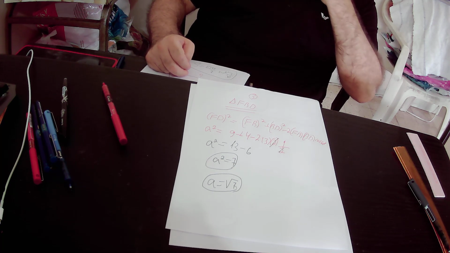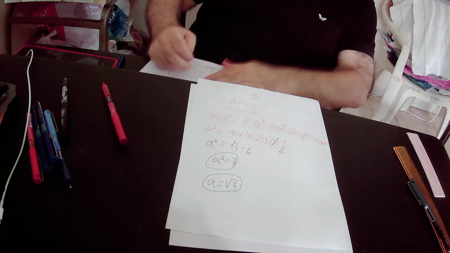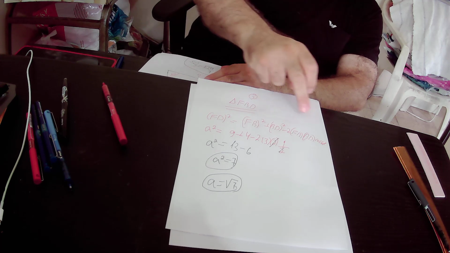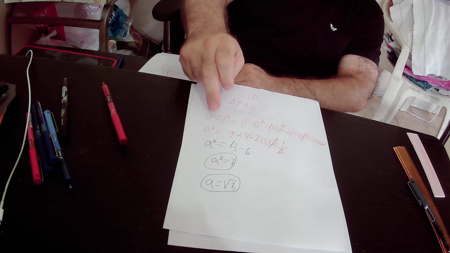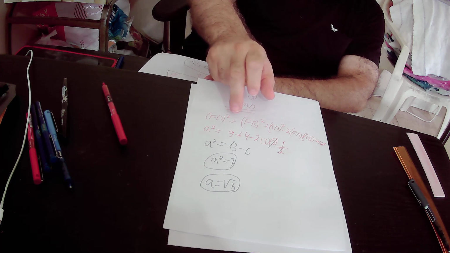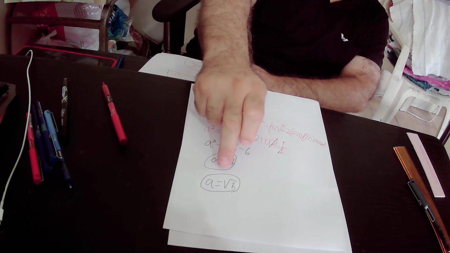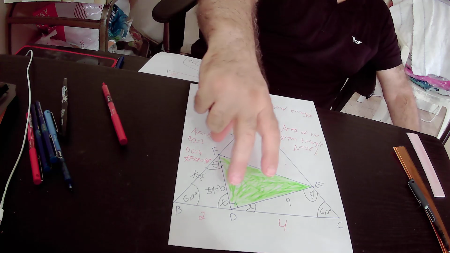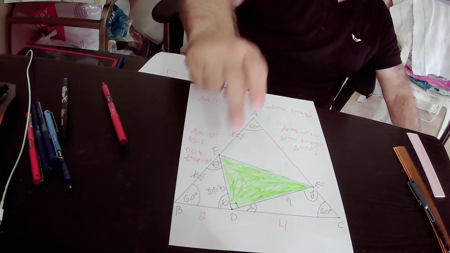So we know that FB equals 3 units, DB equals 2 units, and cosine 60 degrees is 1 over 2, and the only missing variable is FD, that is A. So we put all the data inside this equality and we find that A equals root 7 units. A, that is FD, equals root 7 units.